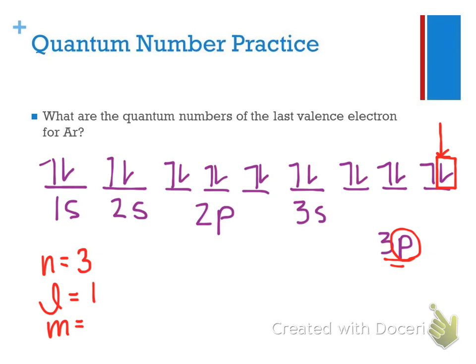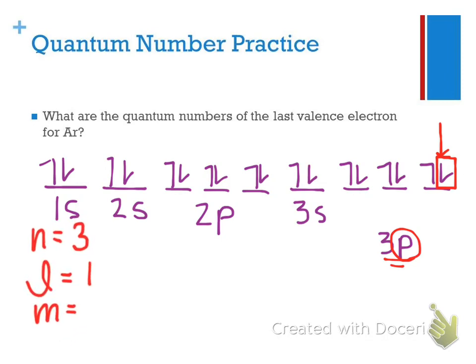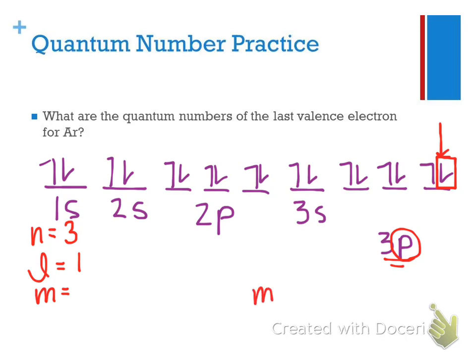the orientation. This one is where it gets a little bit tricky, but I'm going to show you a little trick to make it easier. It could be -1, 0, or +1. m could go from -l through +l, which means it could be -1, 0, or +1. So this is how we tell. We label them -1, 0, +1.